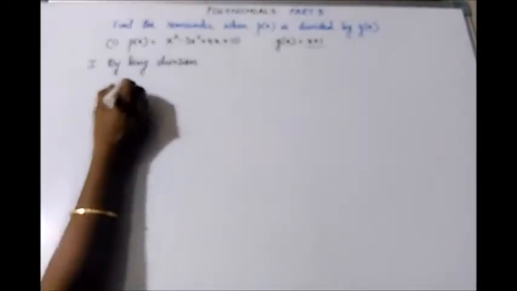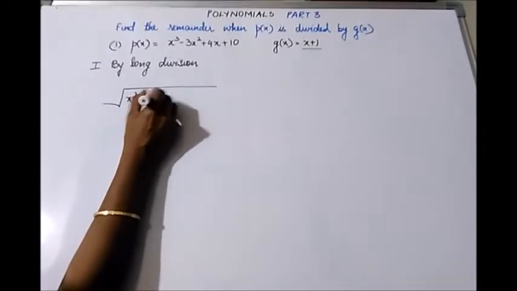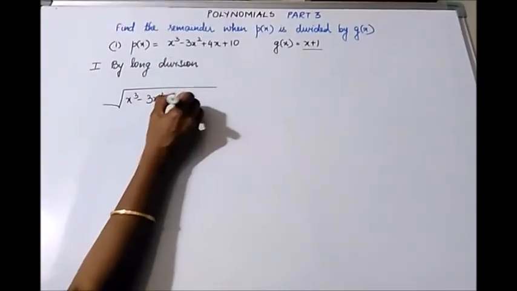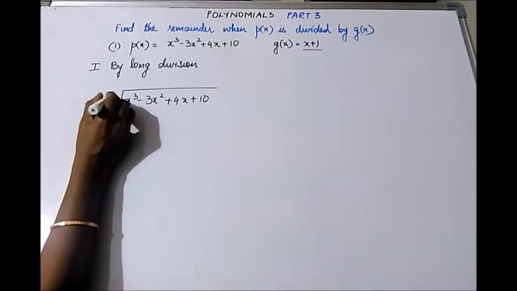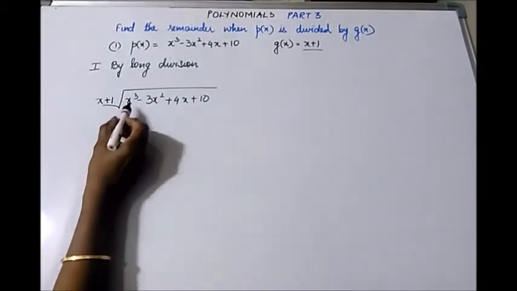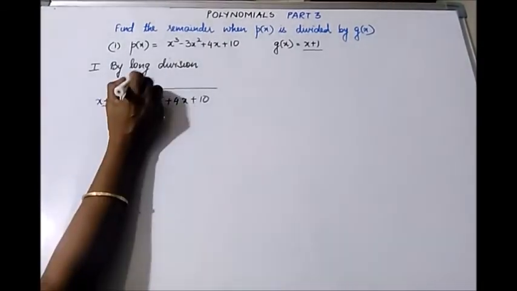First we have to check whether the terms are arranged in descending order with respect to the degree of the term. Yes, it is arranged, so we write it as it is. X cube minus 3x square plus 4x plus 10. The divisor is x plus 1. First we have to divide x cube by x, we get here x square.